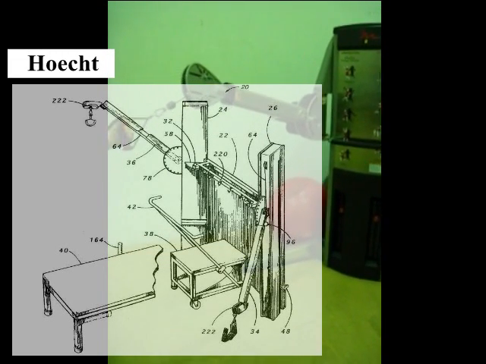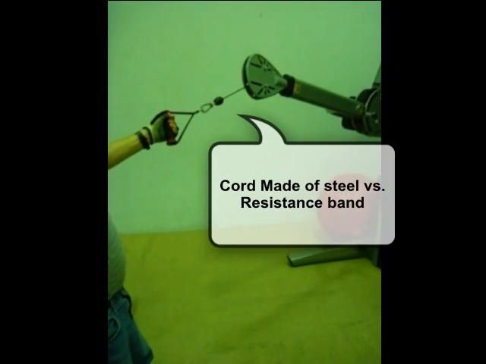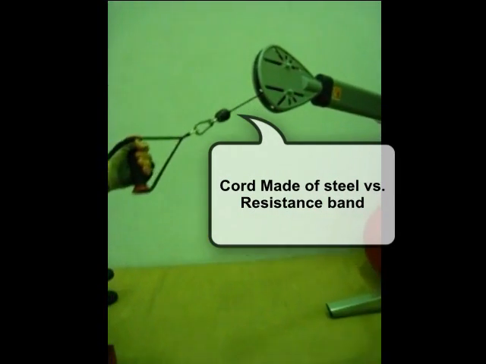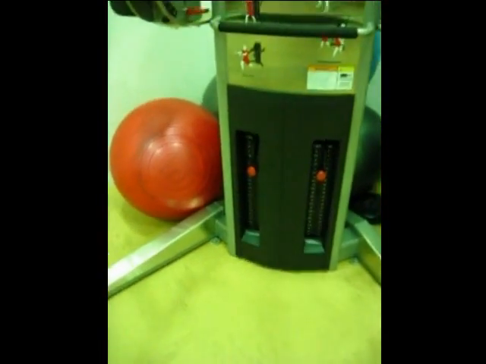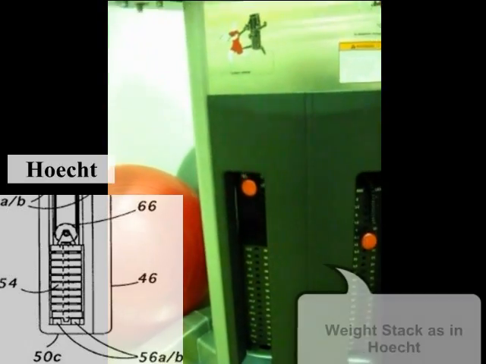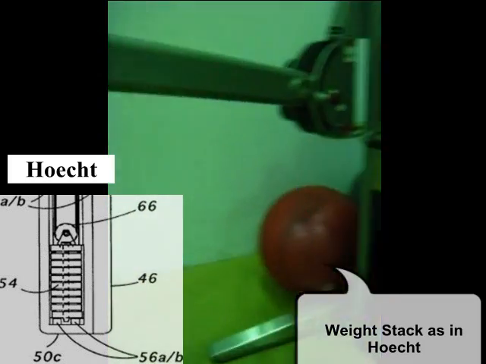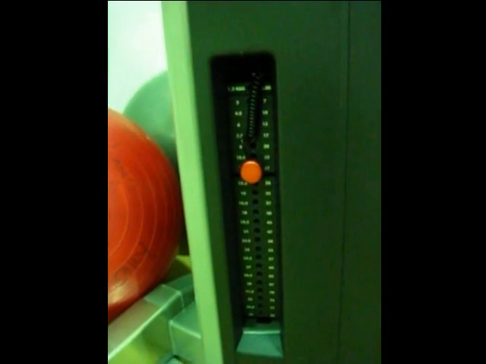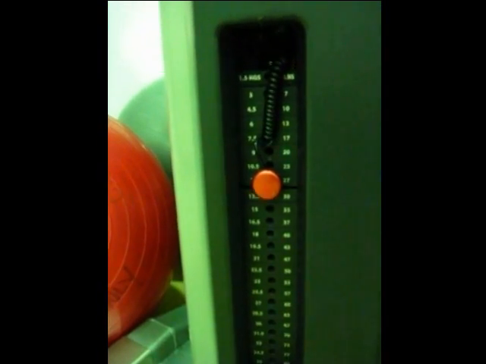You can see as the handle is pulled, a cord made of steel is actually being pulled, which in return moves the weight, and the weight stays constant. In this case, for example, it is 27 pounds.